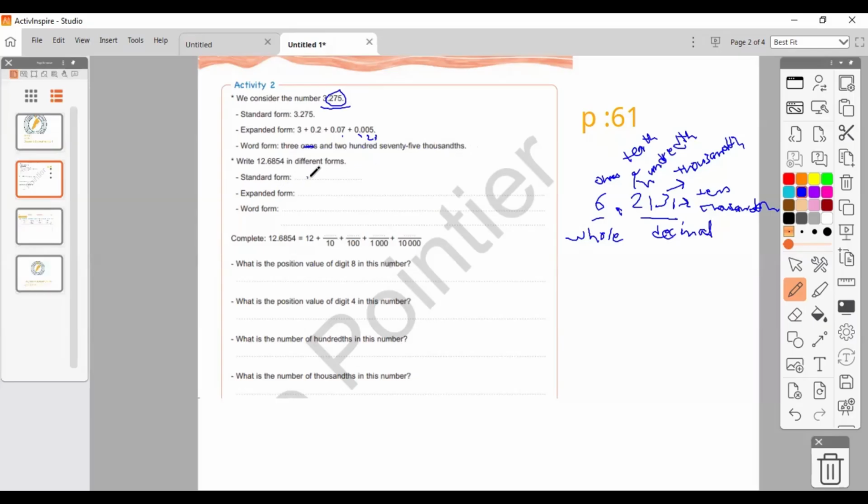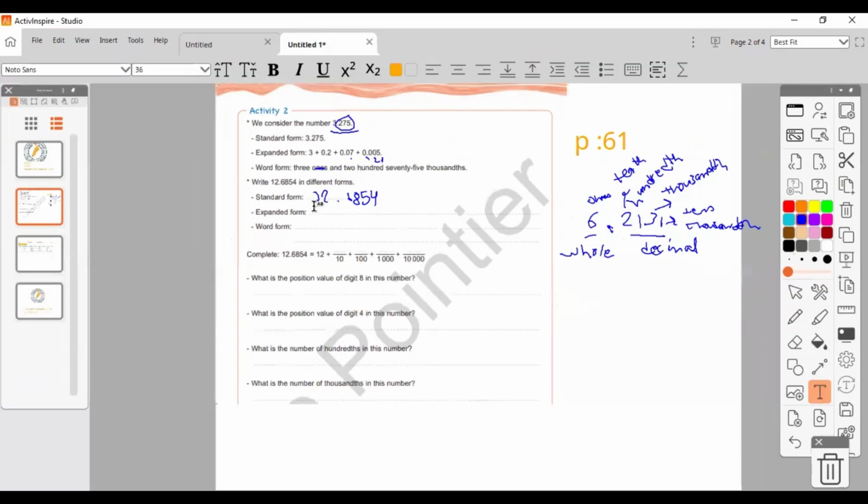Now we have another example. We are going to do it together. The standard form, the form that we already know, which is 12.6854. Now the expanded form. In the expanded form, as we said, we write first the whole part.